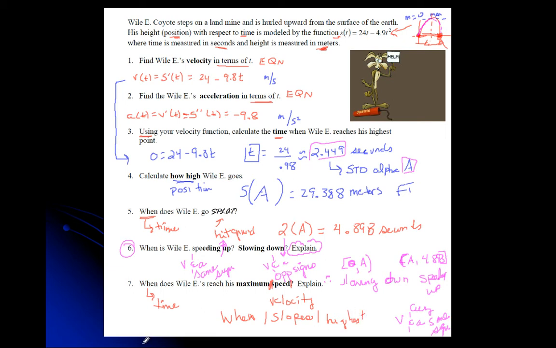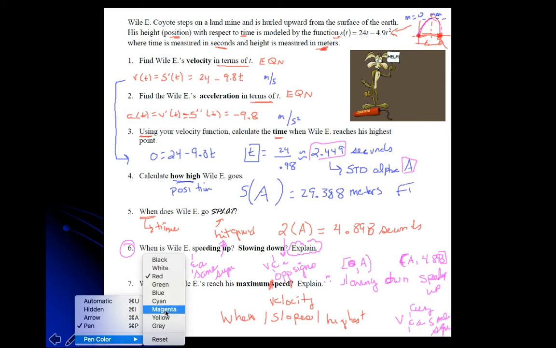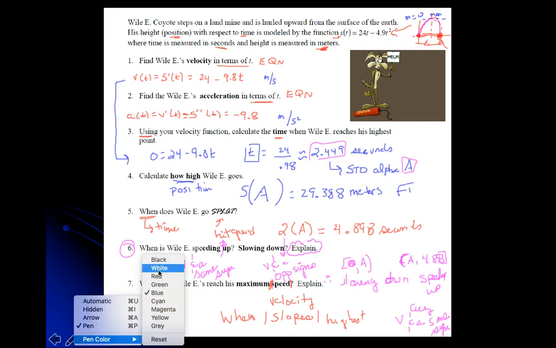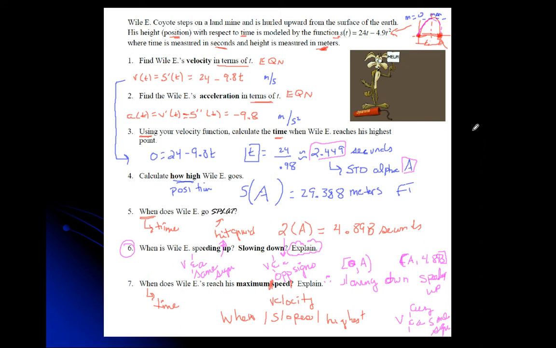All right, so I'm going to draw my graph again a little bit larger. So let's draw Wile E. Coyote's graph. At time 0, he's on the ground, steps on a landmine, is hurled up from the surface of the earth, and then is going to come back down.